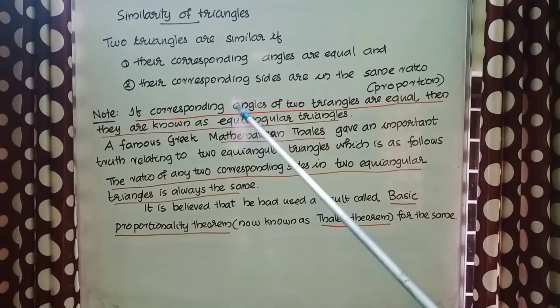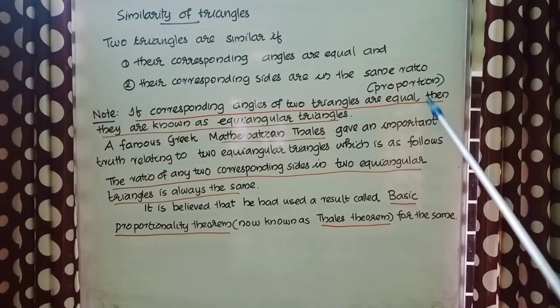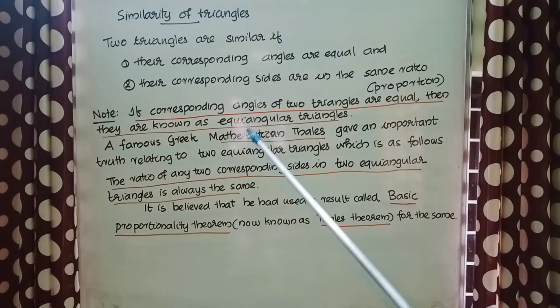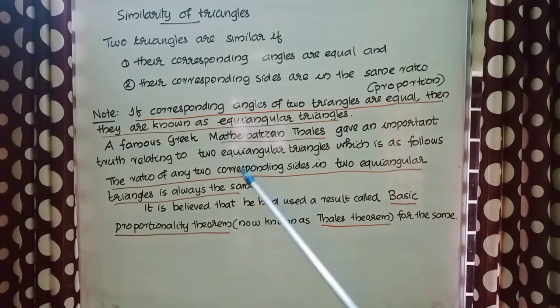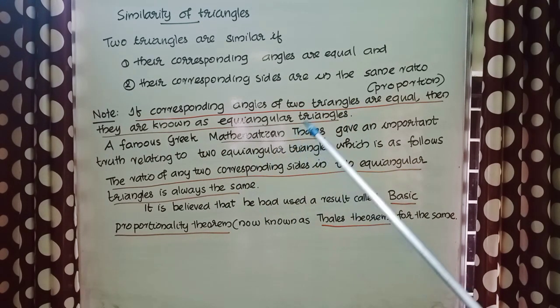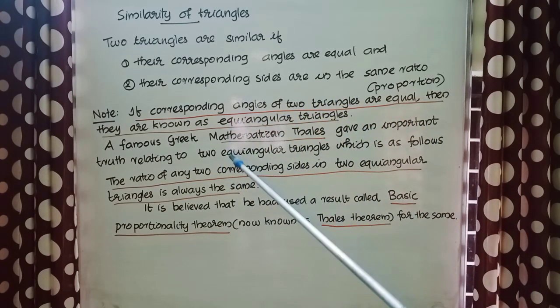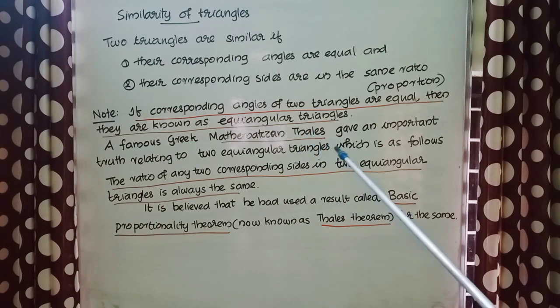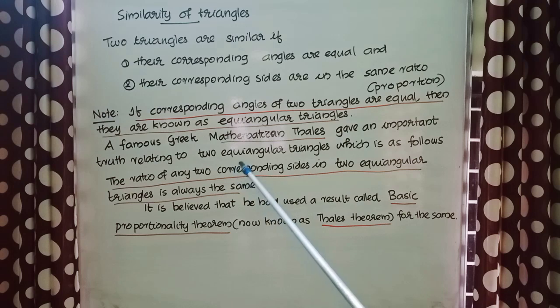Note, if the corresponding angles of two triangles are equal, then they are known as equiangular triangles. A famous Greek mathematician Thales gave an important truth relating to two equiangular triangles, which is as follows. The ratio of any two corresponding sides in two equiangular triangles is always the same.